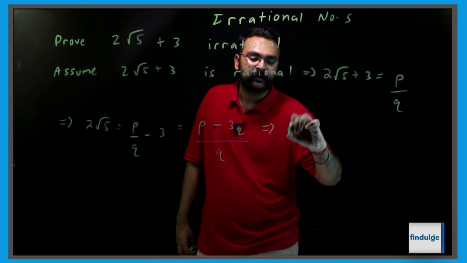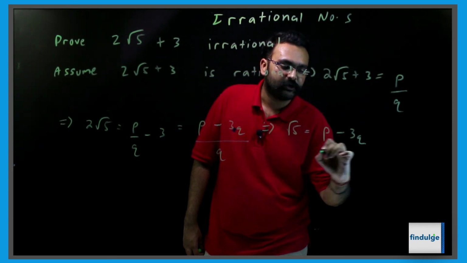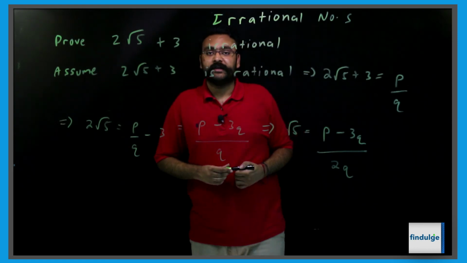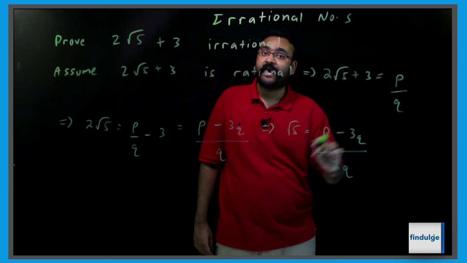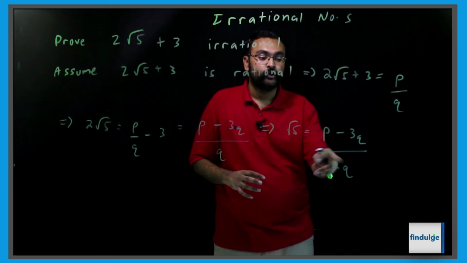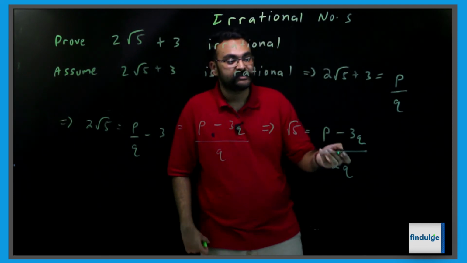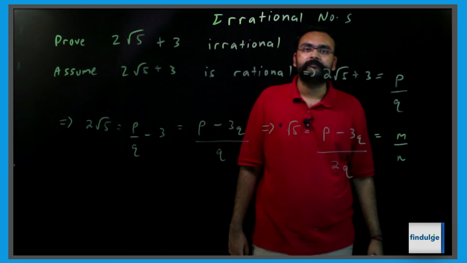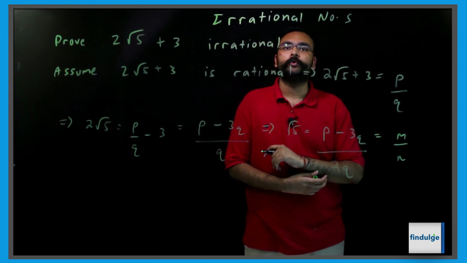Now I will bring my 2 into my denominator. This implies root 5 is equal to p minus 3q by 2q. Now observe, integer, integer, so the subtraction will be an integer. 2 multiplied by an integer is just another integer. So this has come into, let's say, m by n form, where m is equal to p minus 3q, n is equal to 2q.